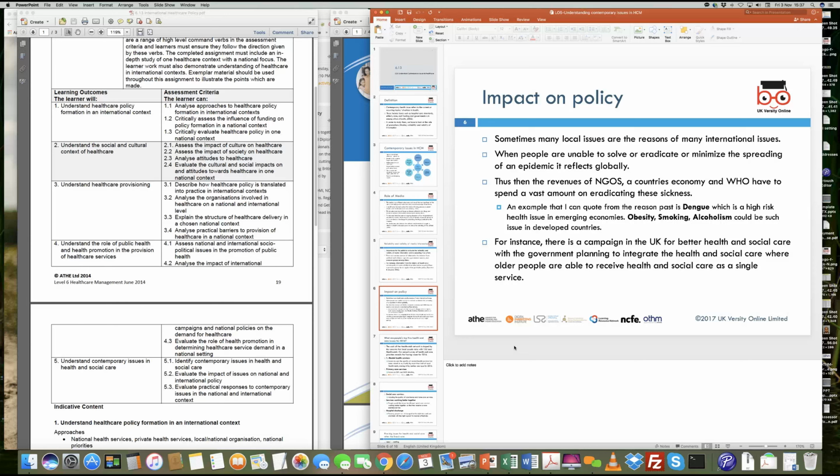There is a high risk when it is detected, and the larvae can actually survive even after the water has dried up, and it can lead to wide scale spreading of, say, dengue, which is a kind of fever, or a malaria kind of fever, which is spread by mosquitoes. Now, this happens in developing countries.